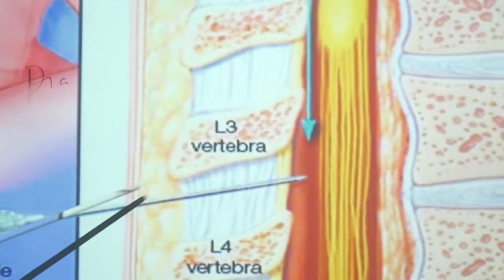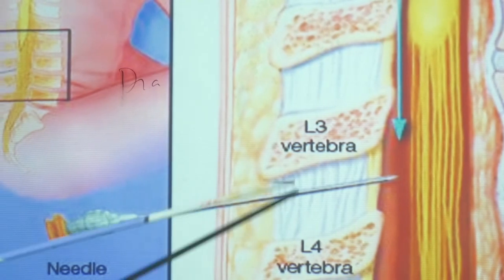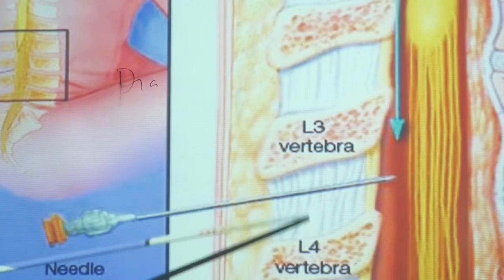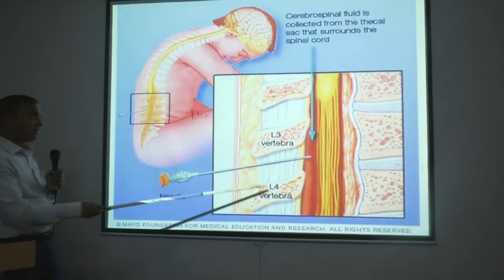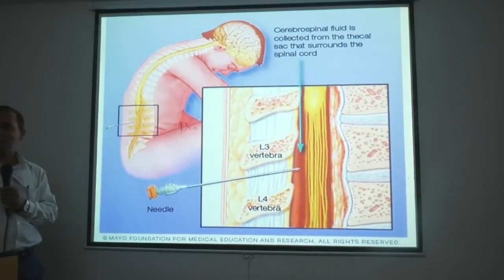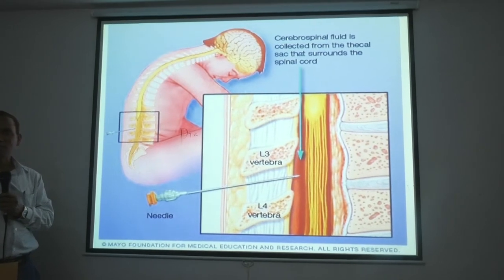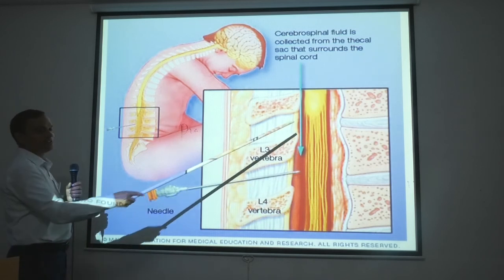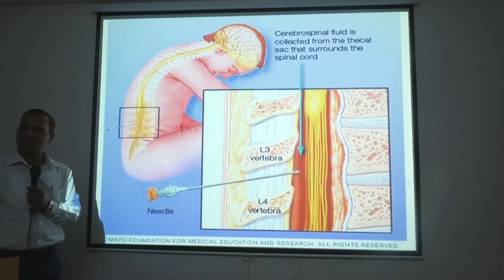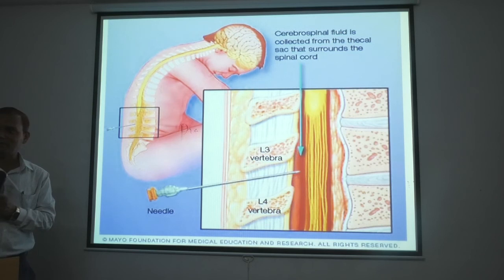Now see here, very carefully. We collect between L3 and L4. Why? What is the importance of L3 and L4? Why not another part? The space is more. Very good, that is acceptable. Another importance? The spinal cord is intact, so there is no injury.